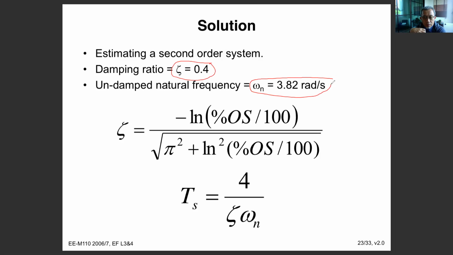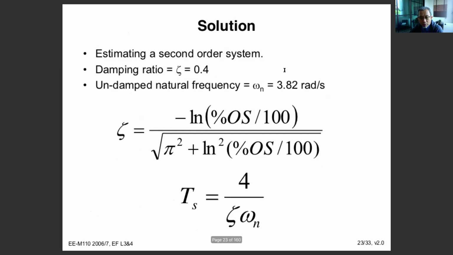Okay, so just insert the 25.3. Okay, 25.3 you insert here, then you insert here, then you use your calculator. This is ln.